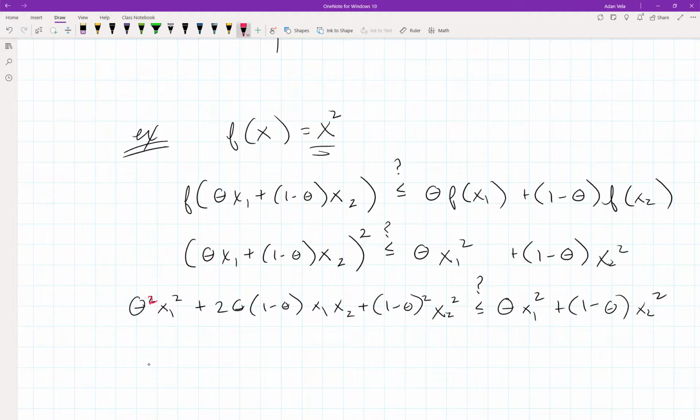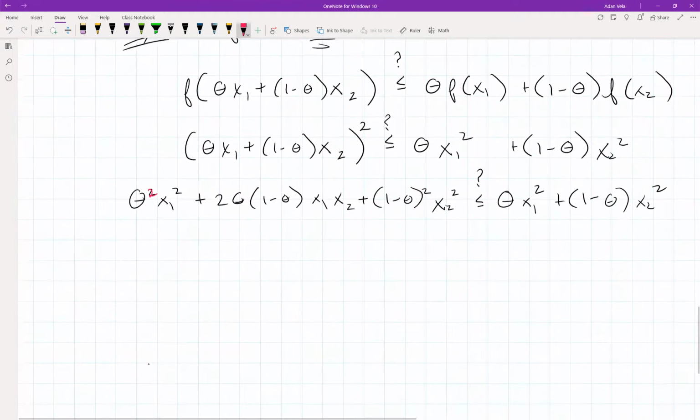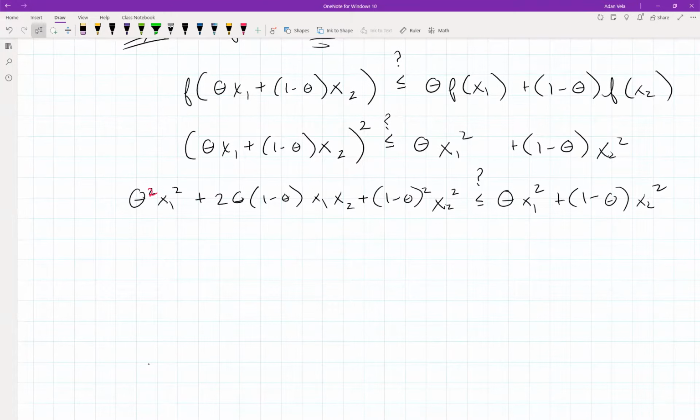But I see in my notes I put everything over to one side. So I'm going to move all this stuff over to the other side and check if 0 is less than or equal to all this other stuff. I'm going to organize it by the variable.